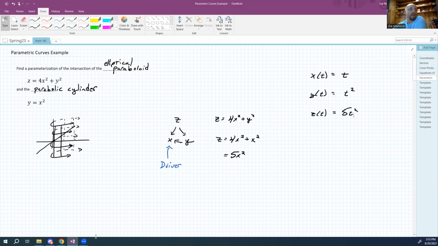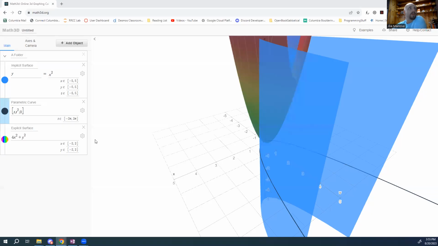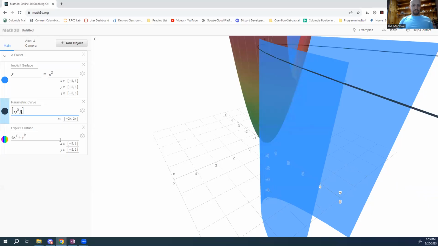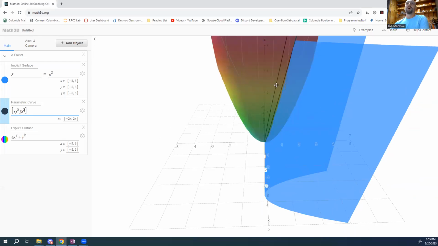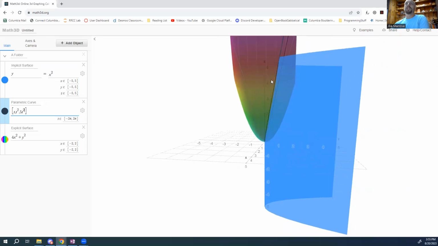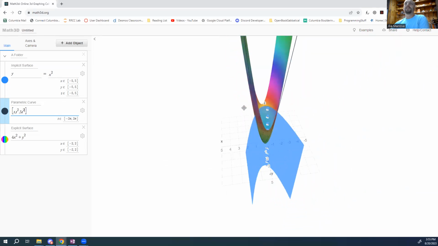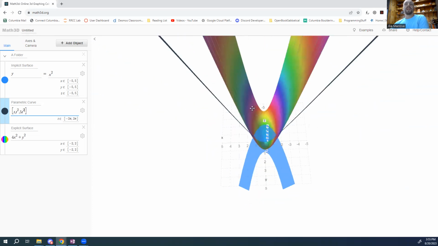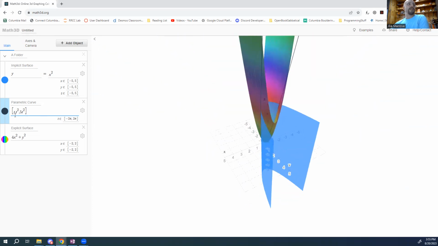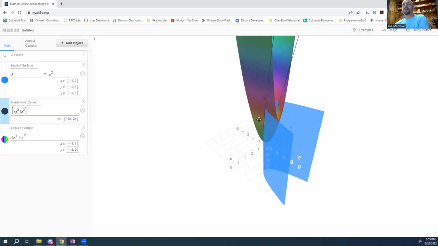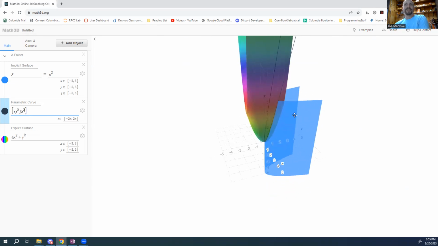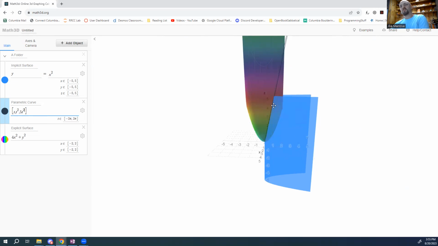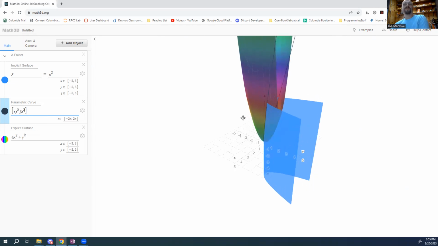So let's go plug that in and see if that worked. Instead of 0, I'm going to put in 5t squared. Boom. Intersection, just like that. Love to see it. That actually worked. And I can tell you right now that my parametric curve is kind of a parabola. You guys see that? Which is kind of reasonable.